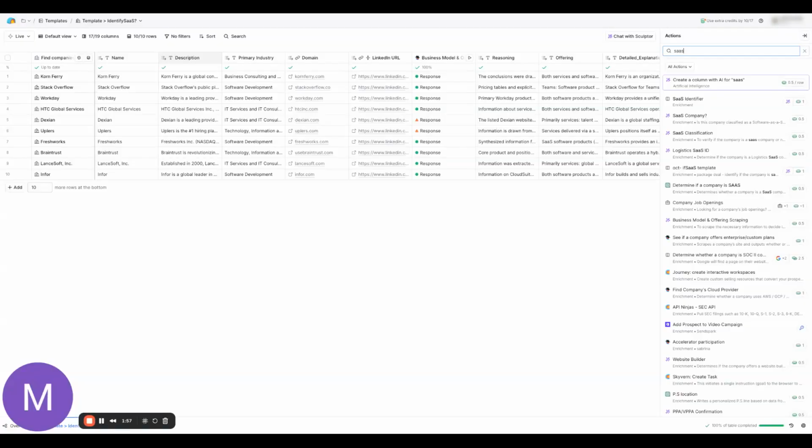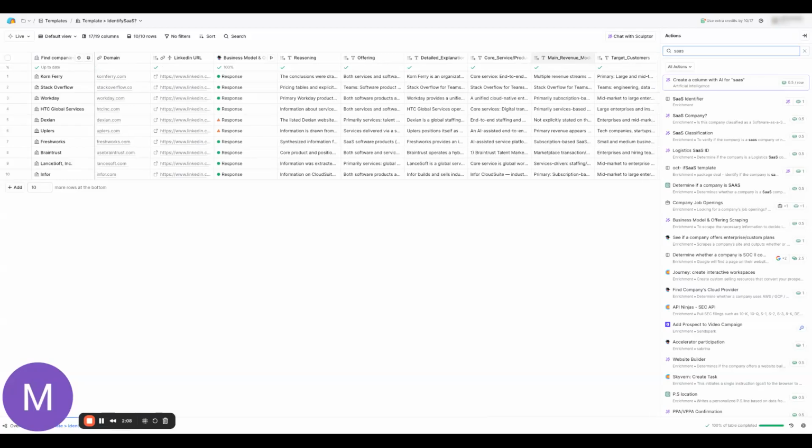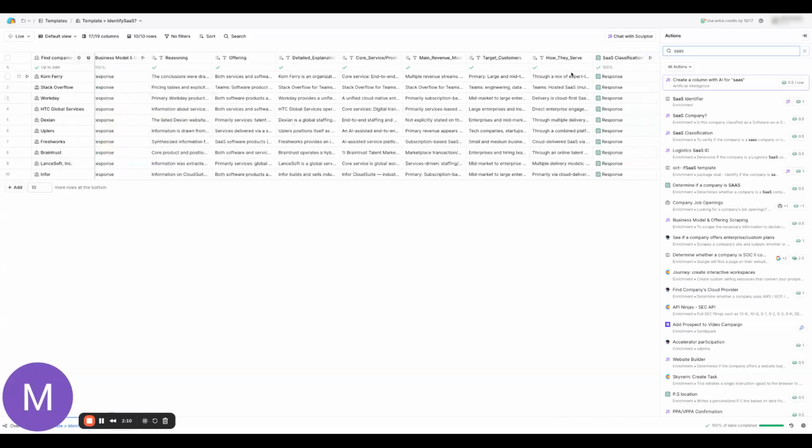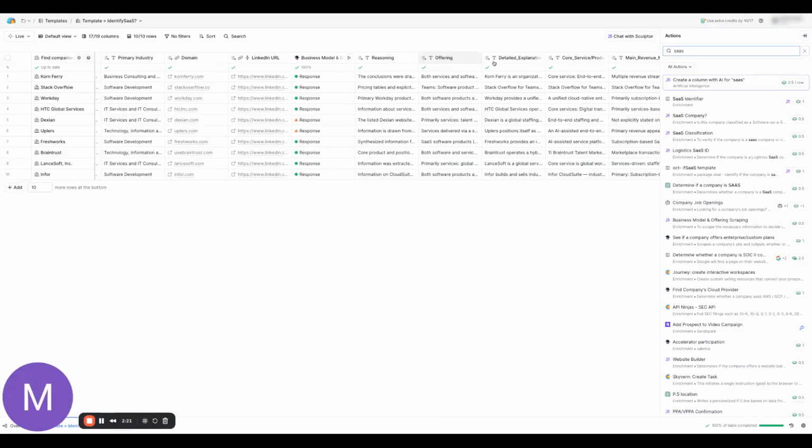And these are things like: they are offering detailed explanation about what they do, their core service and product, their main revenue model out of all the other things that they're already making revenue from. Who do they target? How do they serve? So I know it kind of sounds complicated, but the idea is having just one agent that goes and grabs all the information.